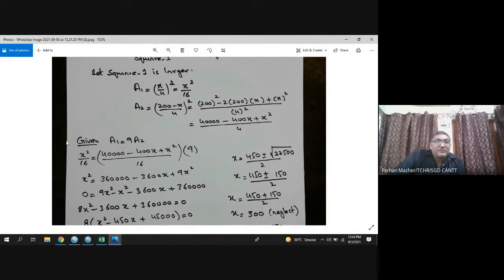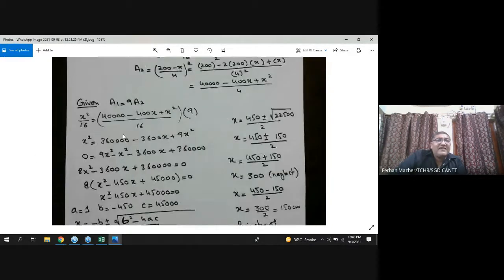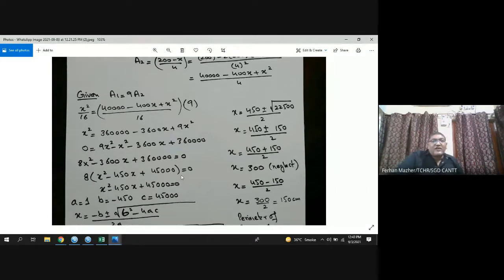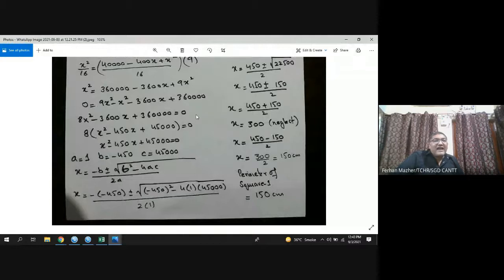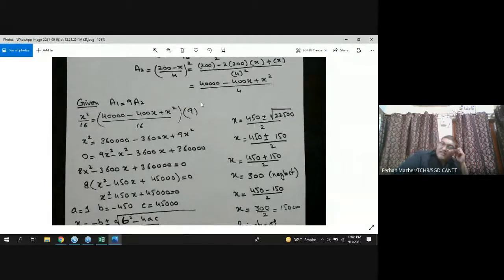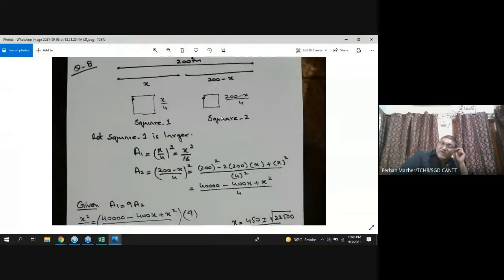Now he said the area of the larger square is 9 times the area of the smaller square. You see, in these squares, suppose that square number 1 is the larger.